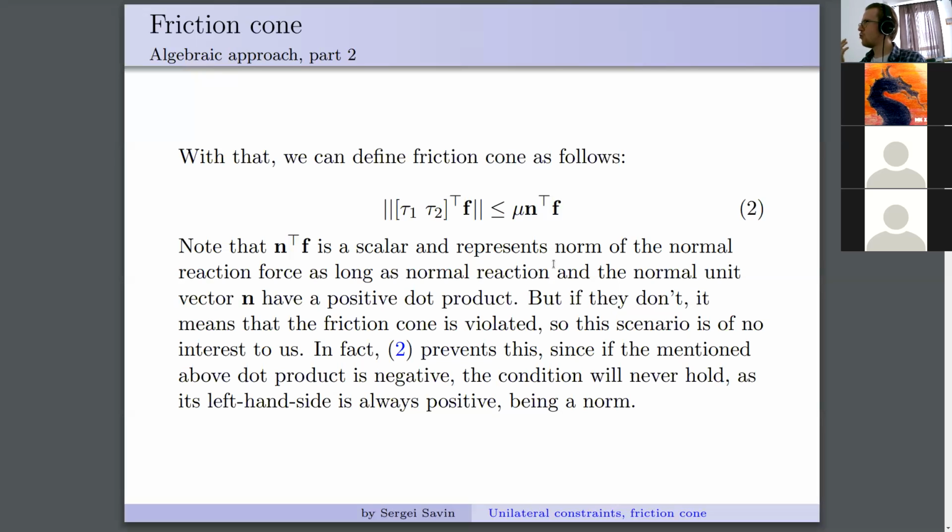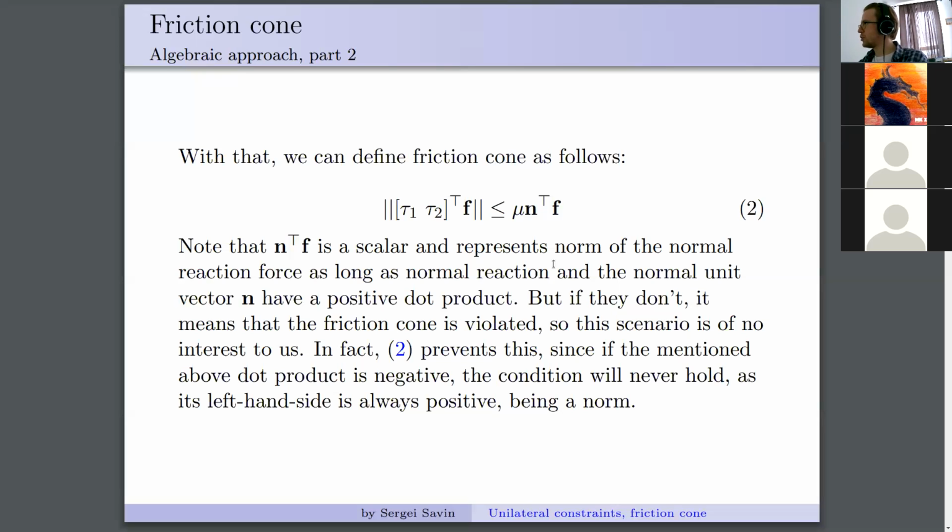So this is how we tricked this whole system into never producing forces which point into the wrong direction, which pull on us. The force that wants to pull would have to point into this direction, here's the wall, whereas this is a norm. So it will produce a negative right-hand side to this inequality, and the inequality will never hold. If we require this inequality to hold, it covers this part as well.